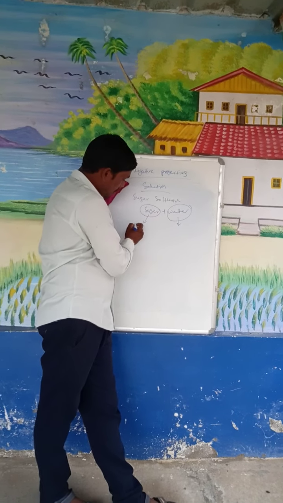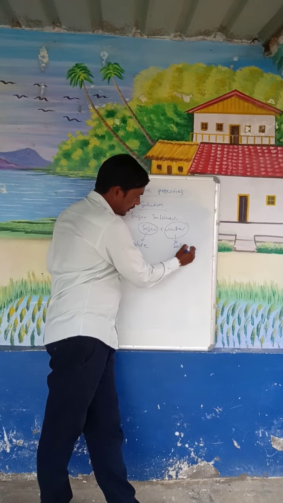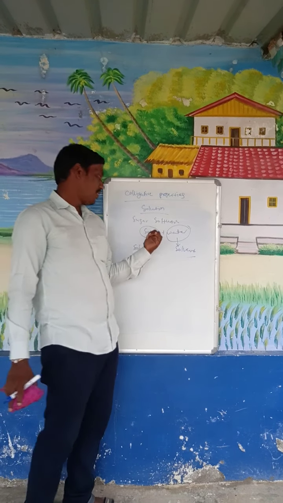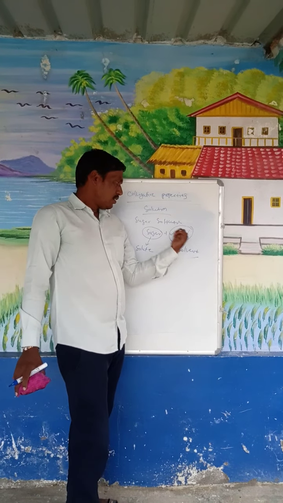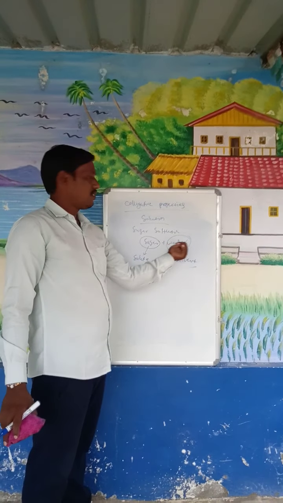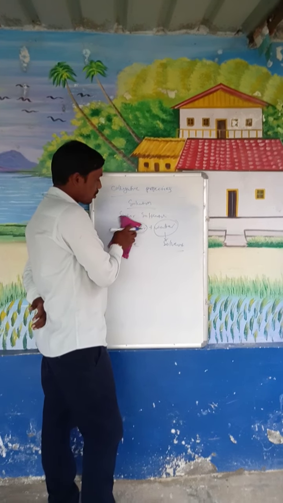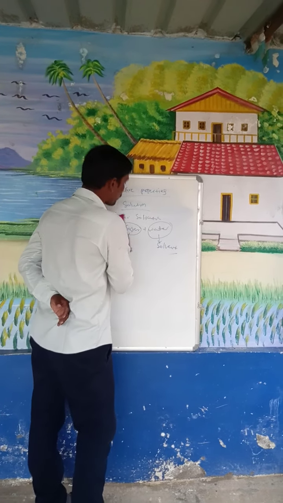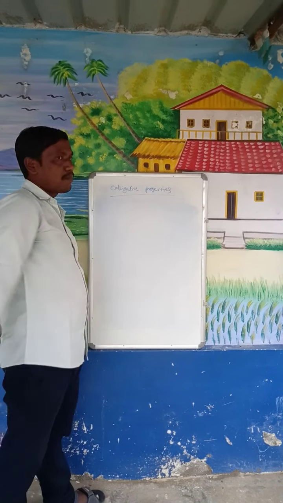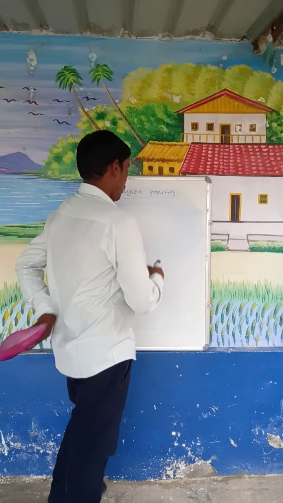The less quantity is called the solute, and the larger is called the solvent. Sugar is soluble in water, so we get a sugar solution. The component which is large is the solvent, and the component which is less in the solution is called the solute.